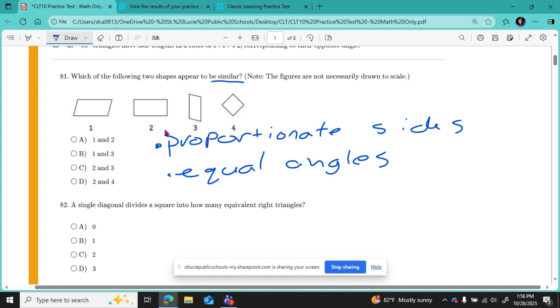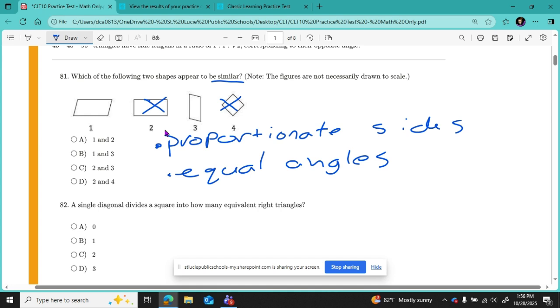However, the sides are definitely not proportionate when we have a traditional rectangle and a square or a rhombus. Looks like a square on its side, which would also be a rhombus with 90-degree angles. So even though these 2 and 4 have equal angles, their sides are not proportionate because the length on these is longer than the length on number 4.